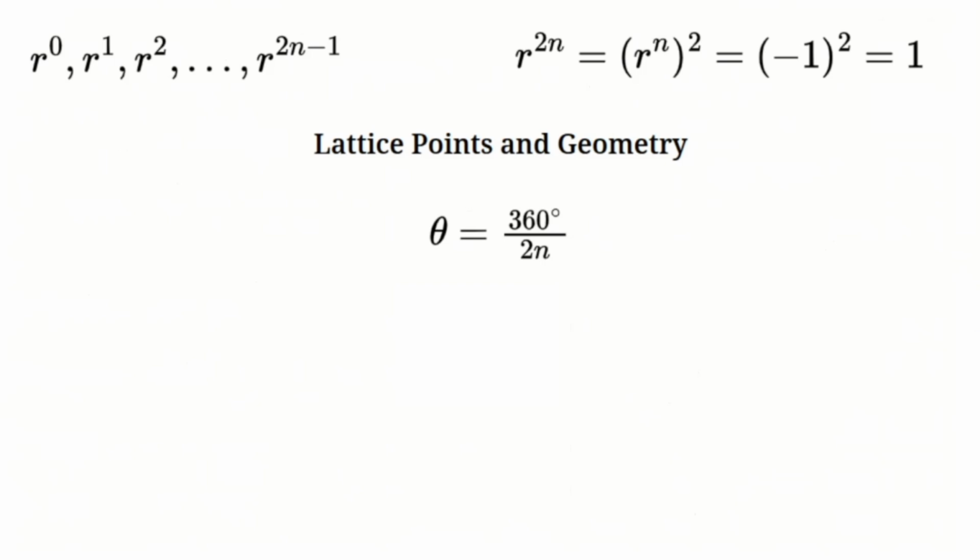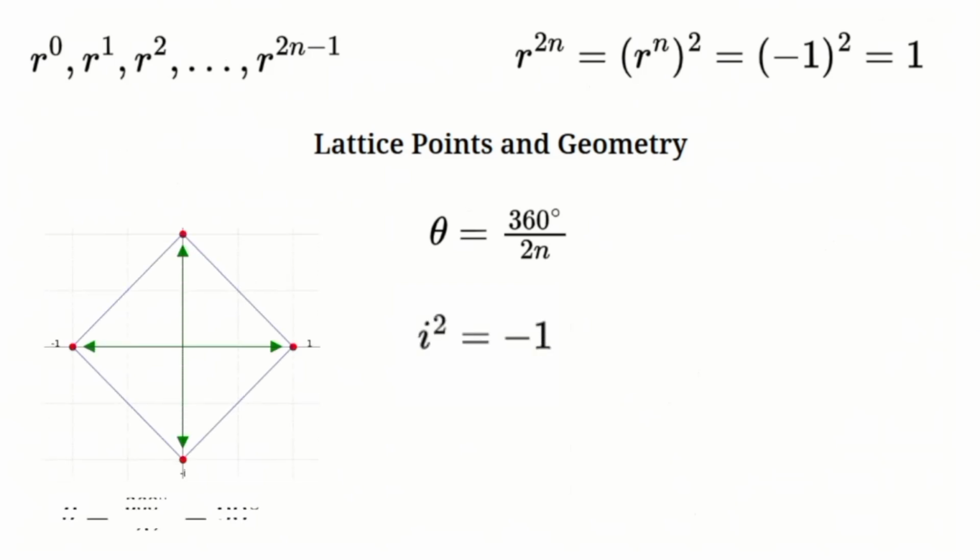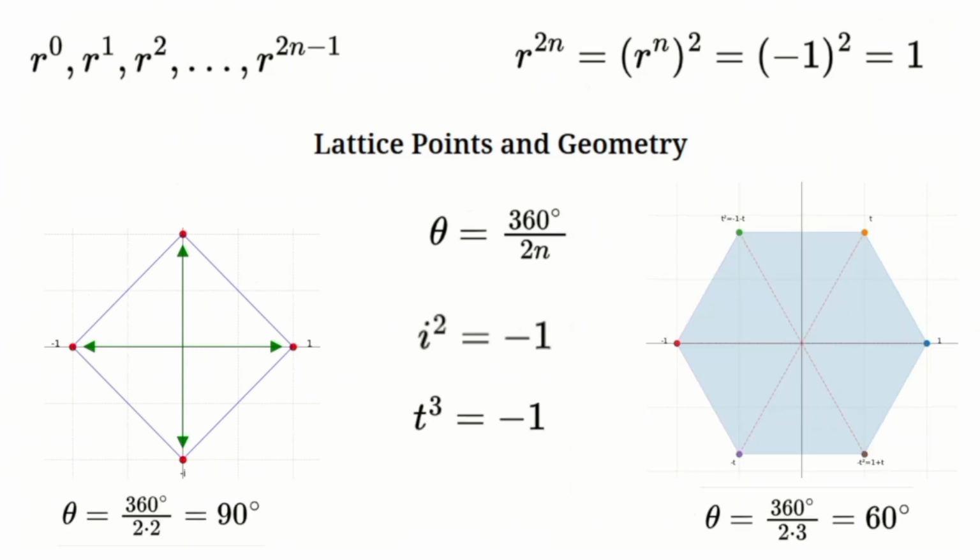Starting from real numbers, we built complex numbers using the unit i defined by i squared equals -1. That gave us a full 2D system with a 90-degree rotation and 4 units on a square lattice. Then we explored the Mokabic number system, with t cubed equals -1, giving us 6 distinct units, spaced at 60 degrees, forming a hexagonal structure.